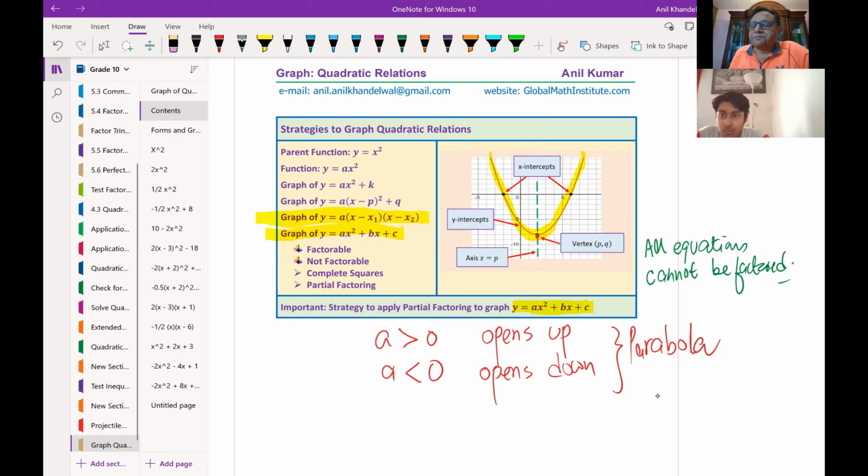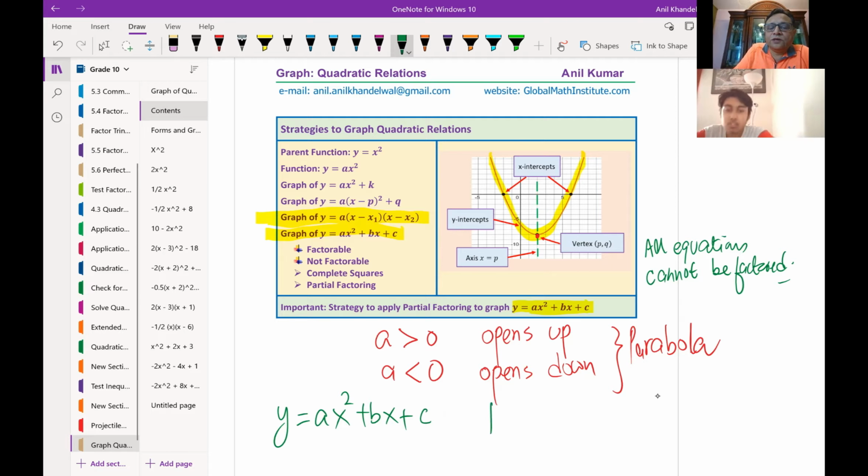So as I said, all equations cannot be factored. Therefore, we will be restricting ourselves to equations of the form ax squared plus bx plus c, where there is a specific property, which is product and sum, right?